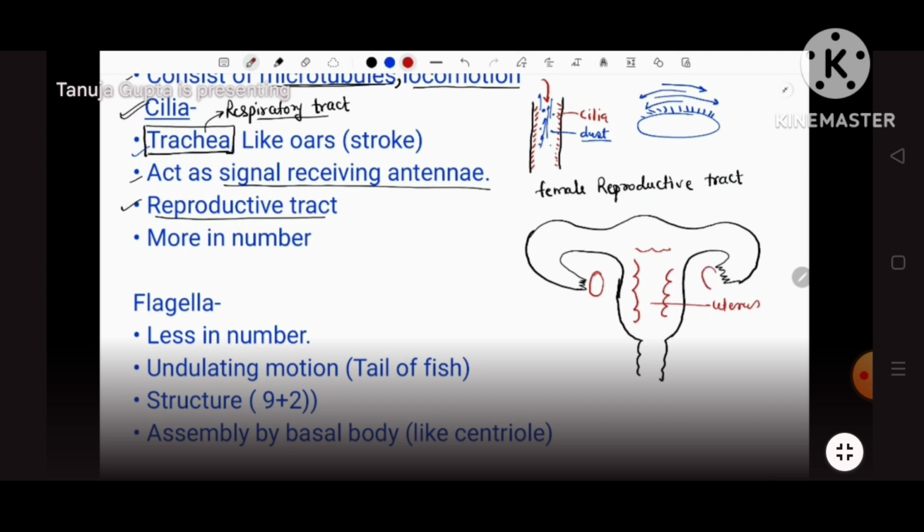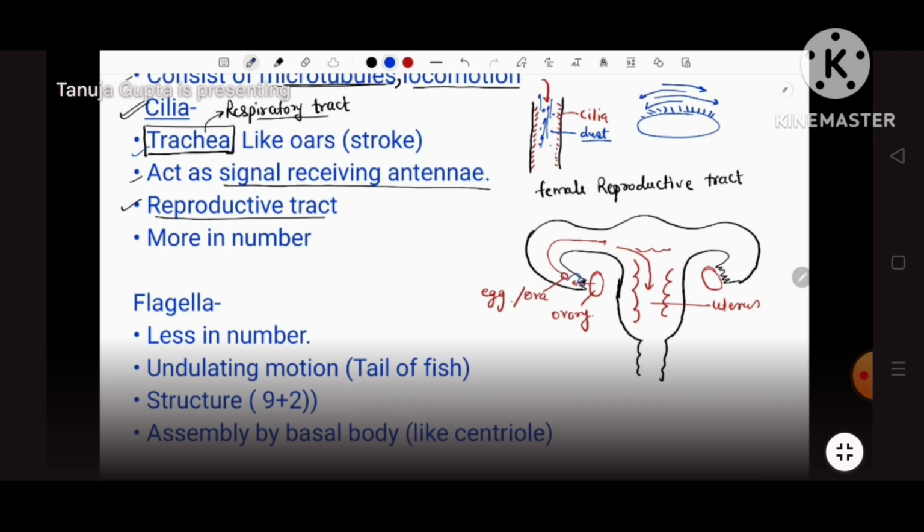Here is the ovary. These are the two ovaries which are present in a female. From the ovary some ova, or you can say eggs, are released. So this egg needs to travel over here and ultimately reach the uterus. So how will it travel?